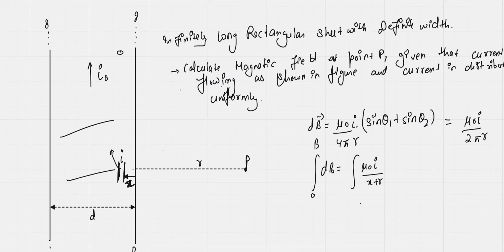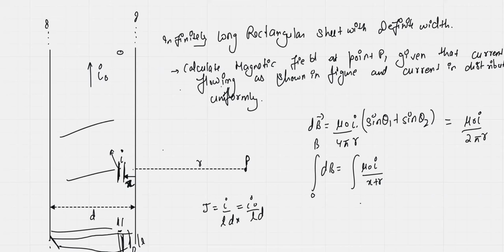If you see carefully, the current density, what is it? Total current divided by the area. Because I told you it's a sheet, assume this might be the area. If I take any small portion, this is still the same. Assume this is the length and this small part is the width, so the area is L dx. It is going to be the same as I naught divided by L into the complete width, that is d.